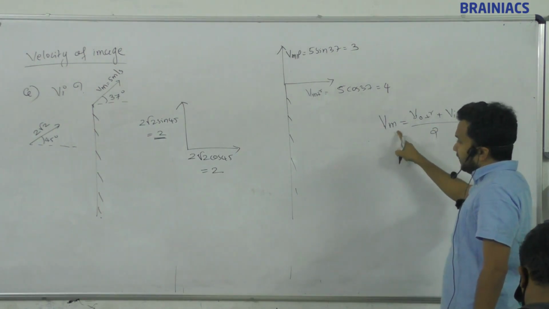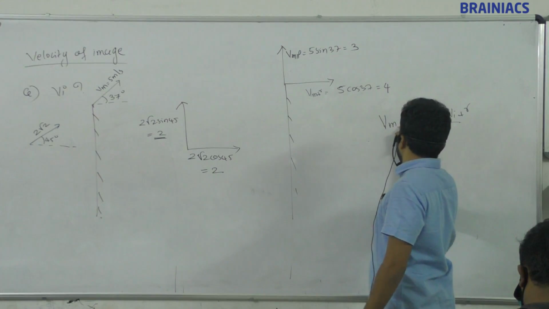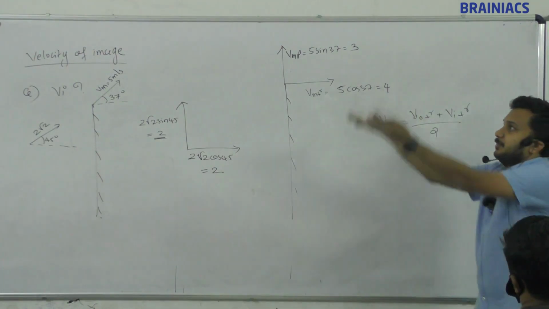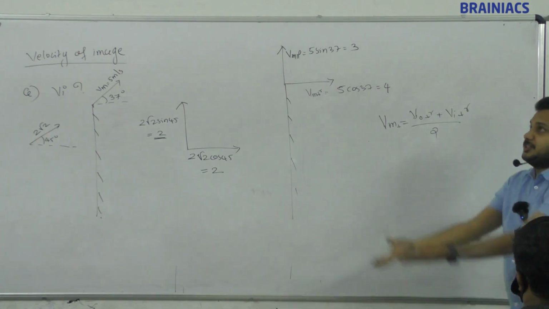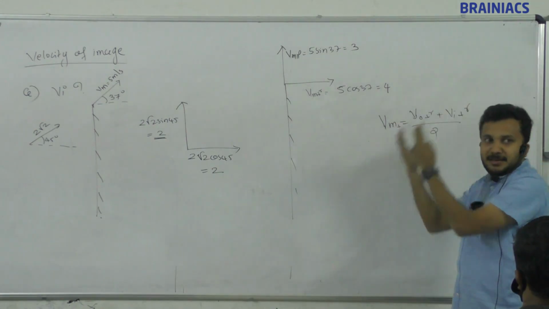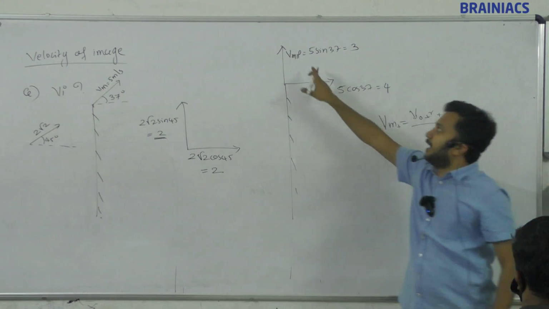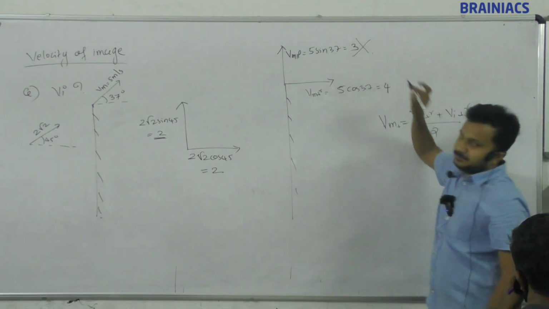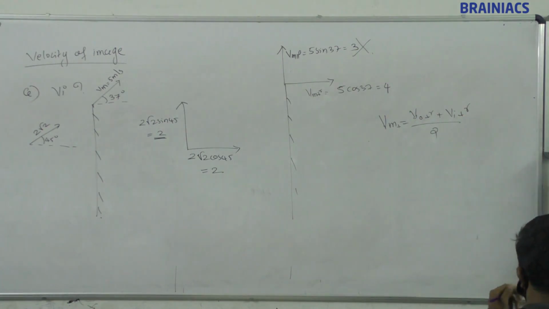This velocity of image is the perpendicular velocity. Parallel has no effect because everybody is going parallel. Object is going parallel, mirror is also going parallel, image will also go parallel. So this parallel velocity has no role here. This is a waste, an unnecessary confusing thing.